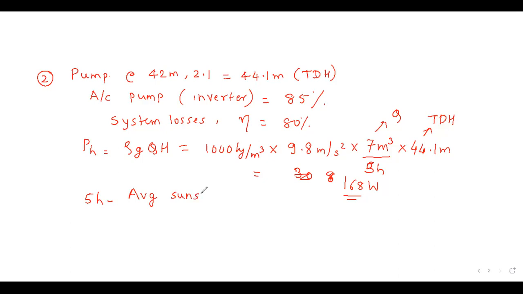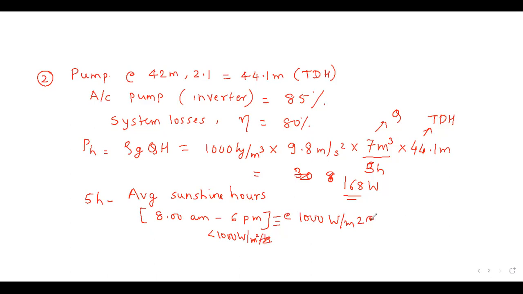We talked about how these average sunshine hours are arrived at. The sun may be available from 8 a.m. to 4 p.m. or 6 p.m., but the solar energy would not be 1000 watt per meter square. On average it would be less than 1000 watt per meter square per hour, so this has to be converted to the equivalent of 1000 watt per hour, and that comes to 5 hours.